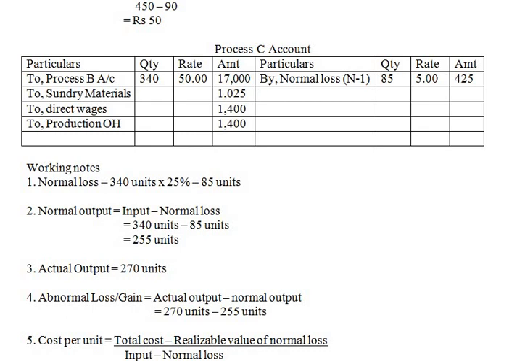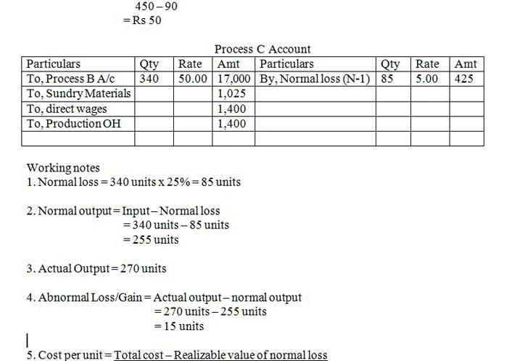Now just see whether there is abnormal loss or gain. Now actual output is more than the normal output. It means there is gain. There is abnormal gain of 15 units.